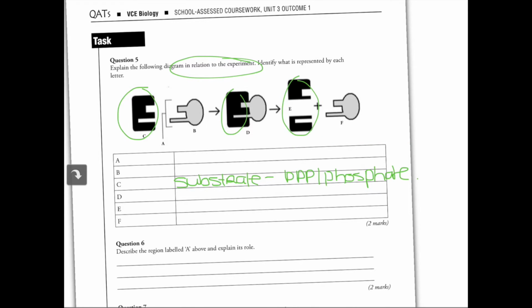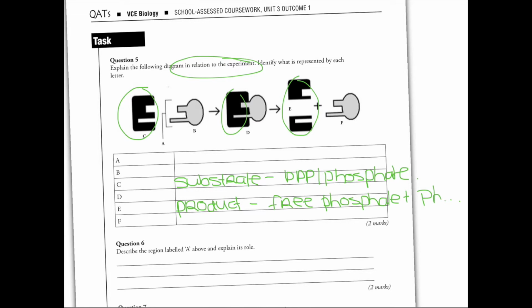So that's obviously the product, which is your free phosphate and that phenylalanine. I'm not going to have a space to write that.